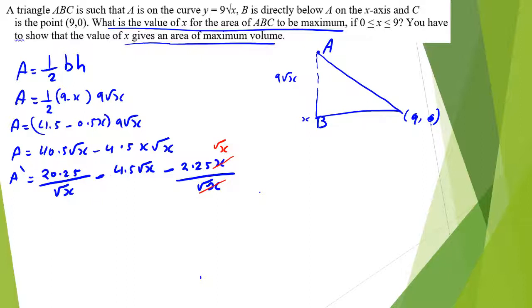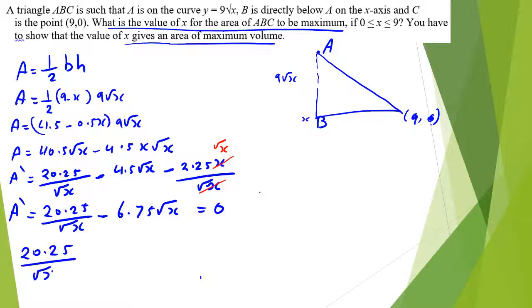This one and that one will be like terms because both of them have square root of x, so that's why I'm going to rewrite this as 20.25 over square root of x minus 6.75 square root of x. Now make it equal to 0, so you will have 20.25 over square root of x equals 6.75 square root of x. Cross multiply, you'll end up with 20.25 equals 6.75x.